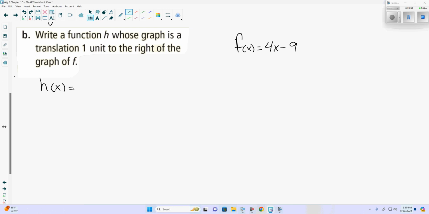Now the general form for this here is the function we're applying it to and having x minus h. So here we're applying it to f of x minus h. And h is the value that we're moving to the left or to the right. So our h value for this here is 1. And since it's to the right, it will be positive 1.